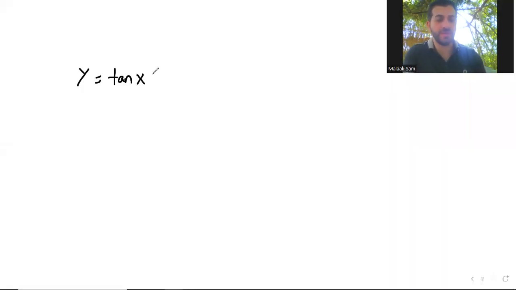If y equals tan x, I want to find dy over dx here. So instead of tan, we can write sine x over cosine x. Then dy over dx, in this case, we have top and down. You will take the denominator multiplied by the derivative of the numerator.